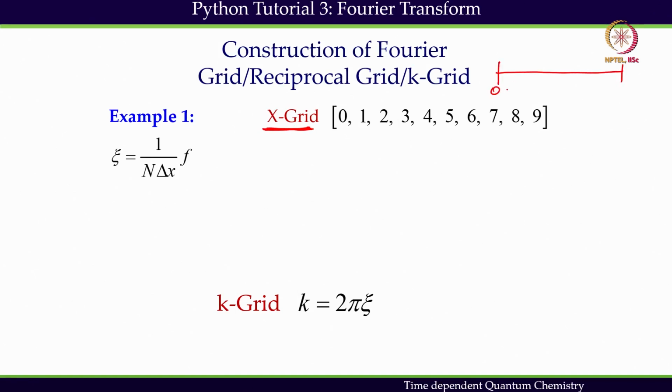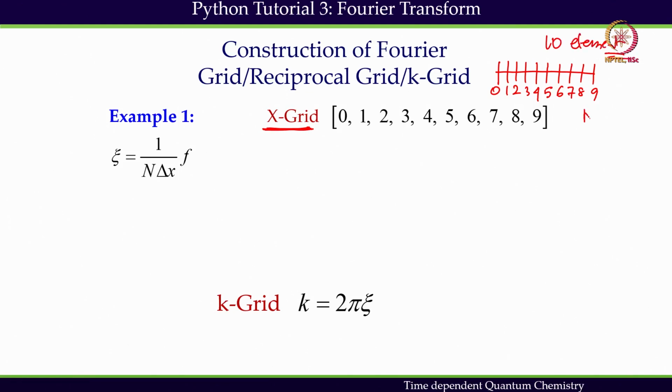This is just an example and ends at 9. So, it has 1, 2, 3, 4, 5, 6, 7, 8, 9. So, this is the grid 0, 1, 2, 3, 4, 5, 6, 7, 8, 9. I consider up to 9 because then I have 10 elements. So, the window length is 10.